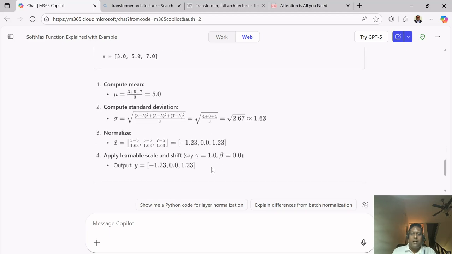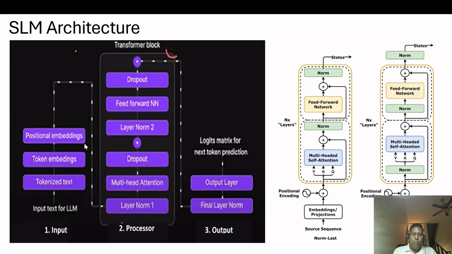And if you assume that when you start training this neural network in layer normalization, you initialize the weights as 1 and bias as 0, your output would be the same: minus 1.23, 0, 1.23.